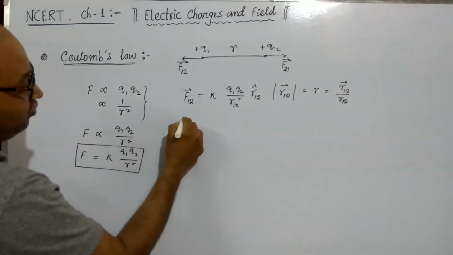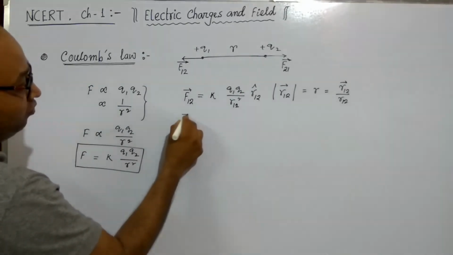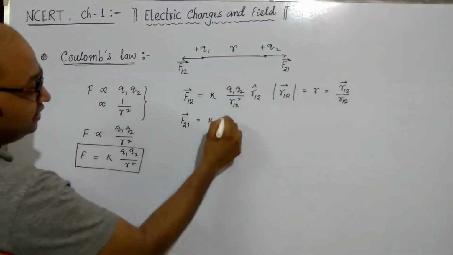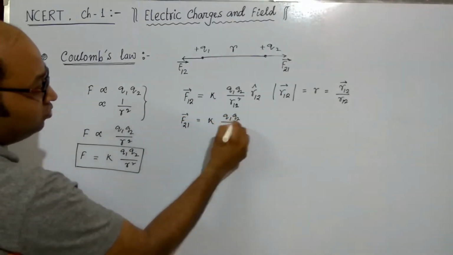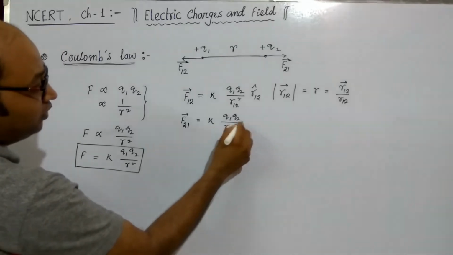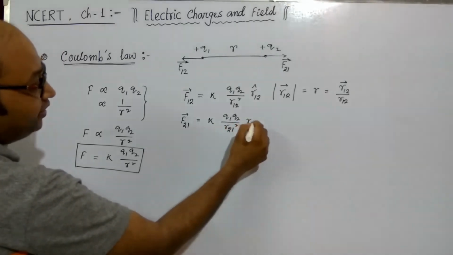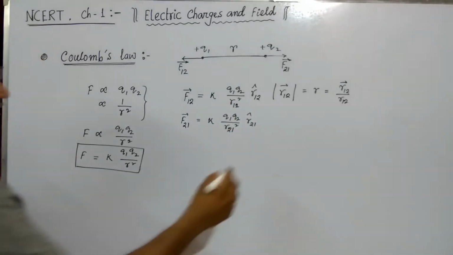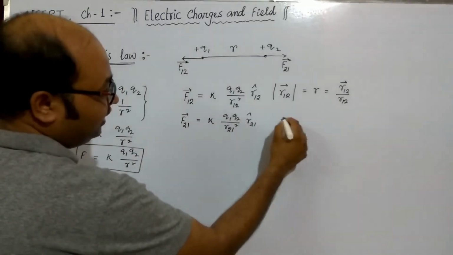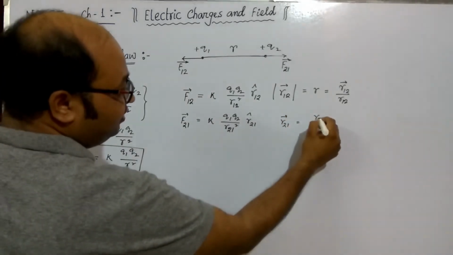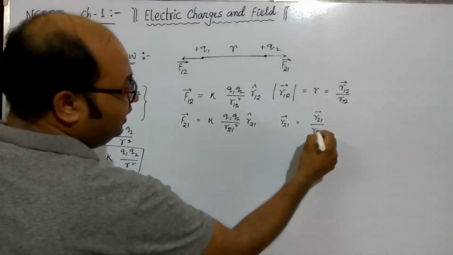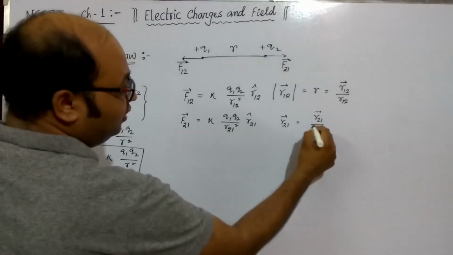Similarly, the force on Q2, F21, can also be written as K into Q1 Q2 by R21 square multiplied by the unit vector r cap 21. Now we know that this unit vector can be written as vector R21 divided by the modulus of R21.